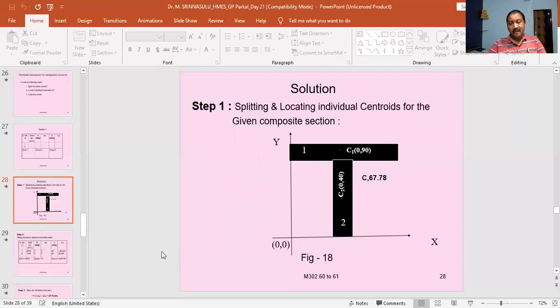Now first of all we have to take the reference axis. The bottommost edge is taken as the x-axis, and the leftmost edge is taken as the y-axis, 0 for the x-axis and 0 for the y-axis. Now we can locate the centroid for rectangle 1 and rectangle 2. If we take rectangle 1, the centroid is how much?